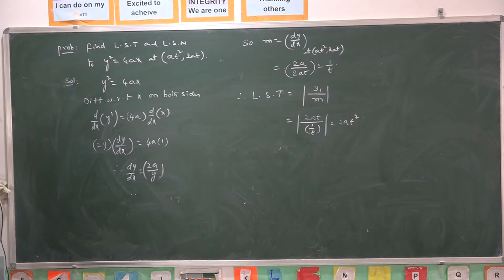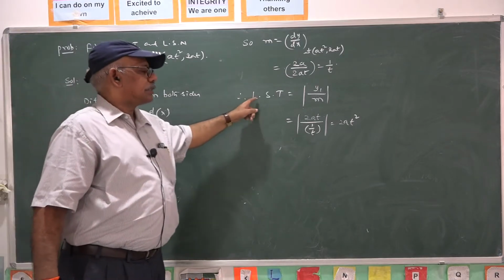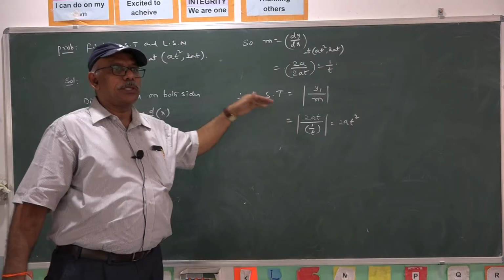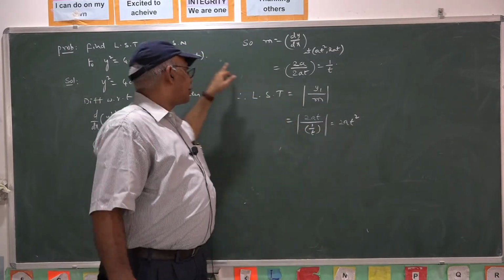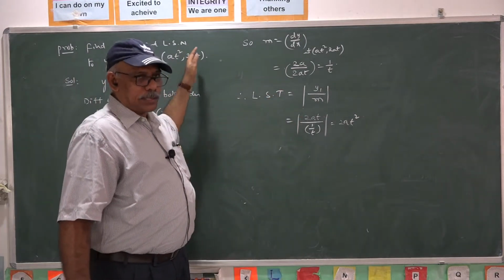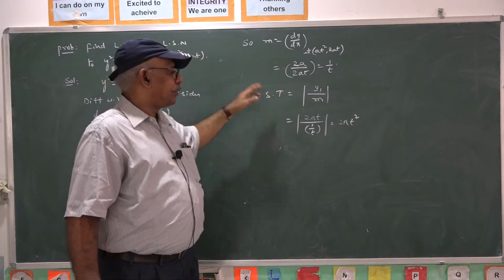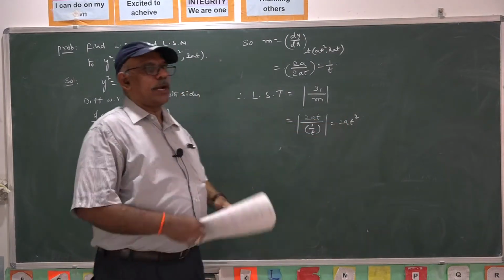A t square you may take as x1. So, the length of the subtangent varies according to the x coordinate of the point at square, because this at square is the x coordinate. So, the length of the subtangent to the parabola at any point varies twice to that of its x coordinate.